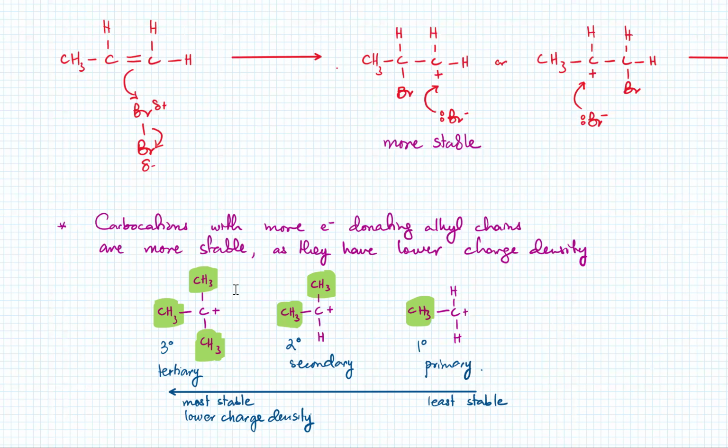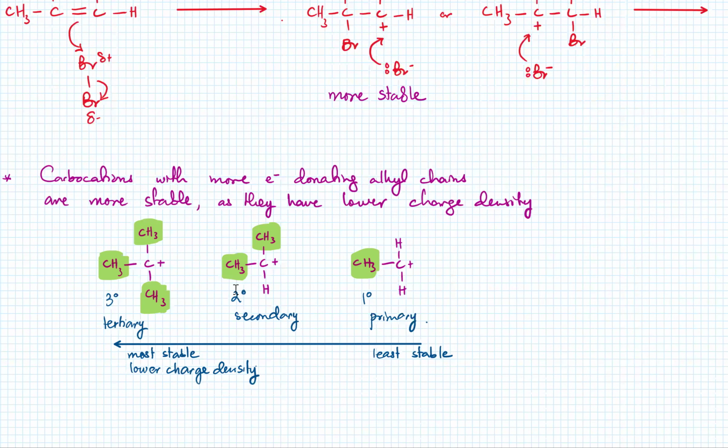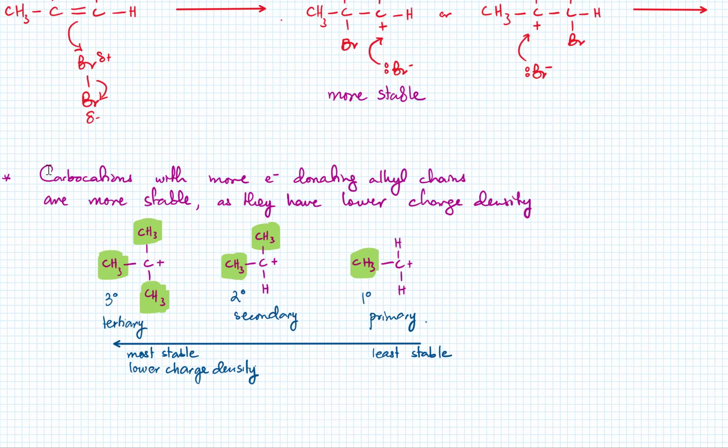That's the reasoning for Markovnikov's rule that you're going to state: carbocations with more electron-donating alkyl chains are more stable as they have a lower charge density. So that's the reasoning, and this is what you're going to write. Okay, that's your Markovnikov's rule. Is this clear?